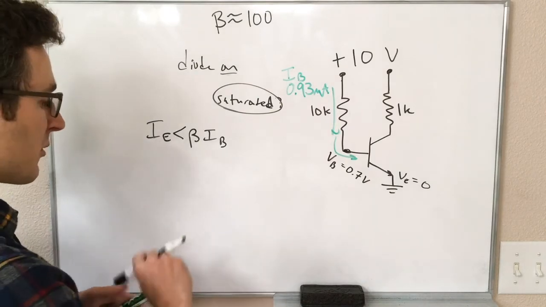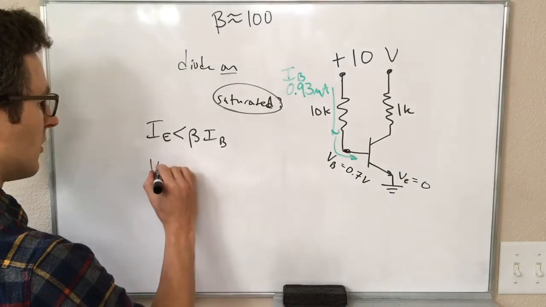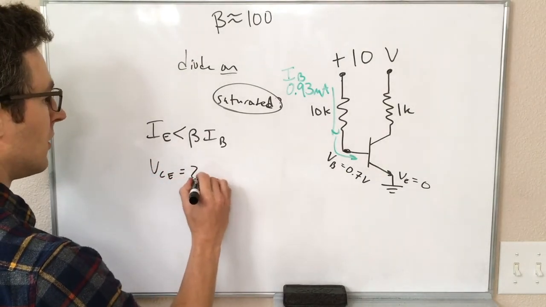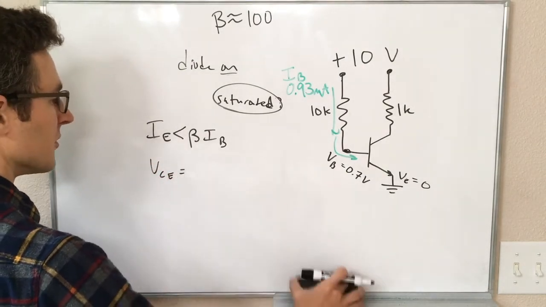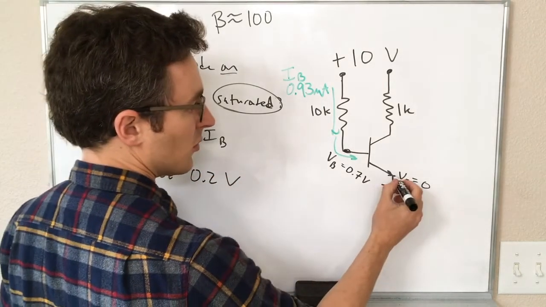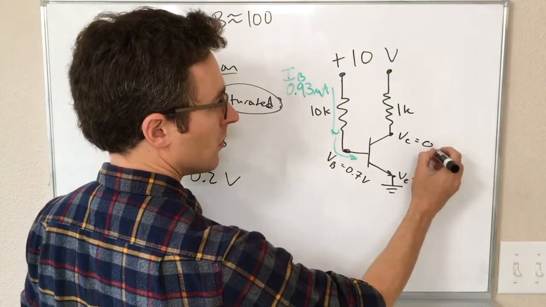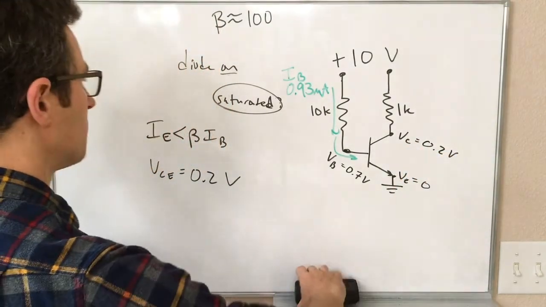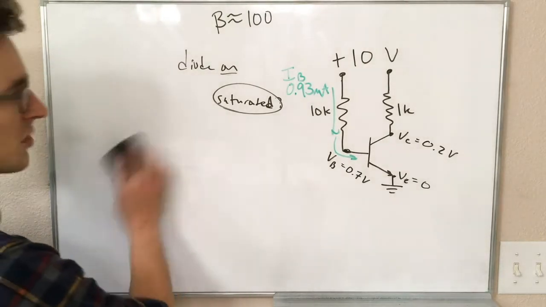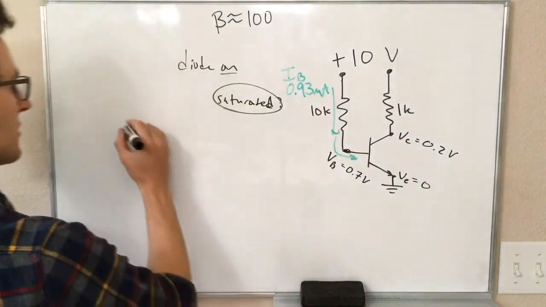But we do know another thing, and that is that our collector emitter voltage, VCE, is equal to 0.2 volts. So if this is 0 volts, then our collector voltage is equal to 0.2 volts. Then we know the voltage difference across that 1K resistor.